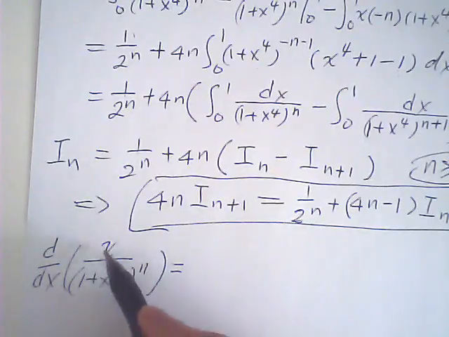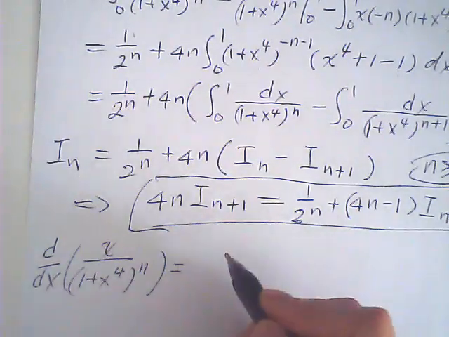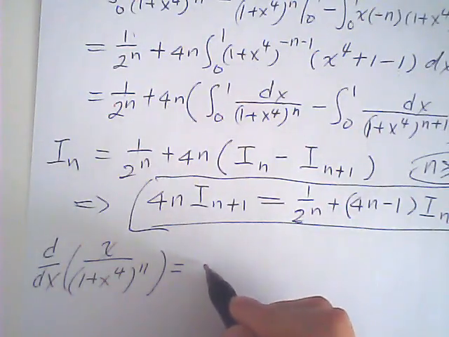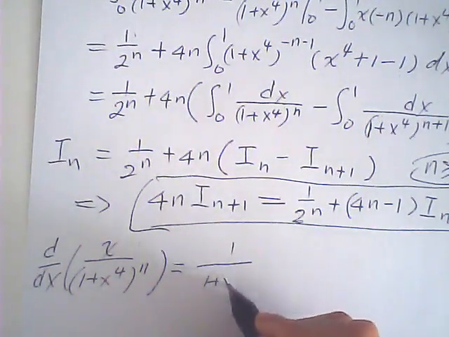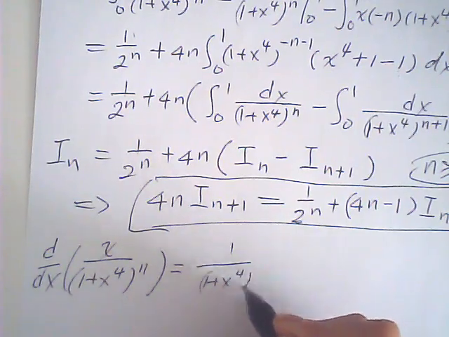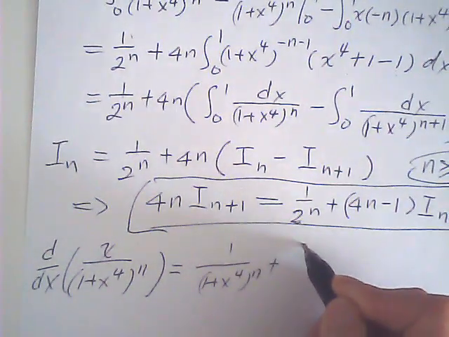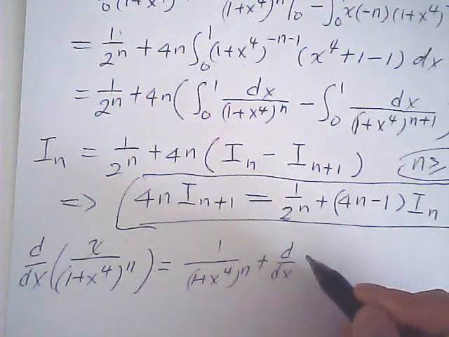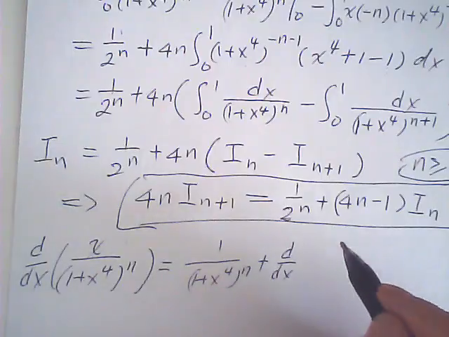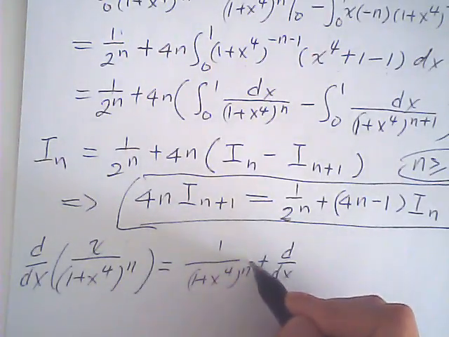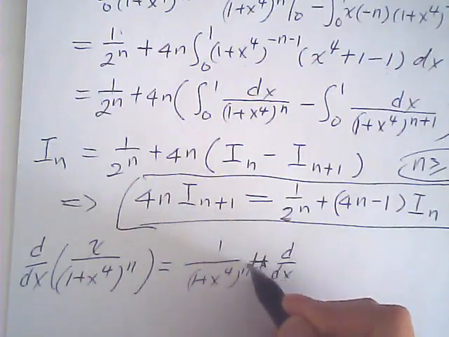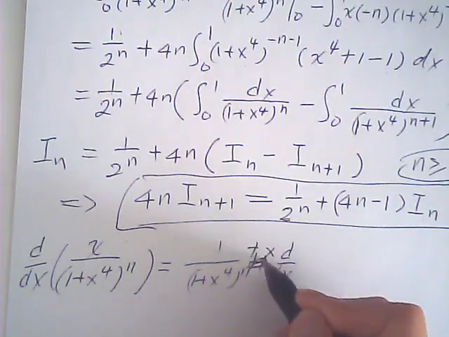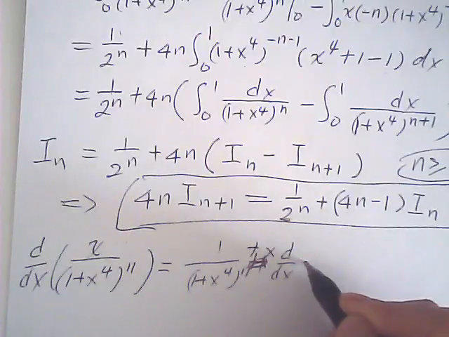I consider this one times 1 over that, so it becomes this, plus x times the derivative of this one, right?